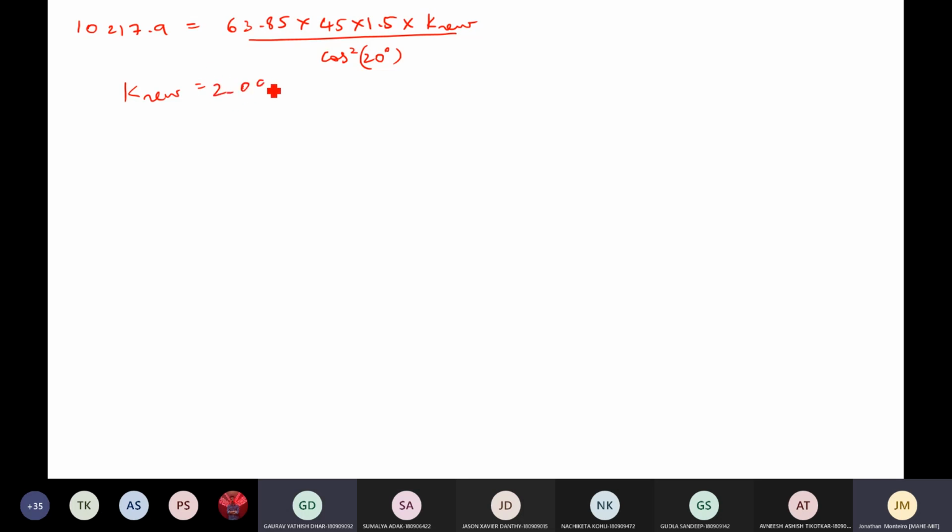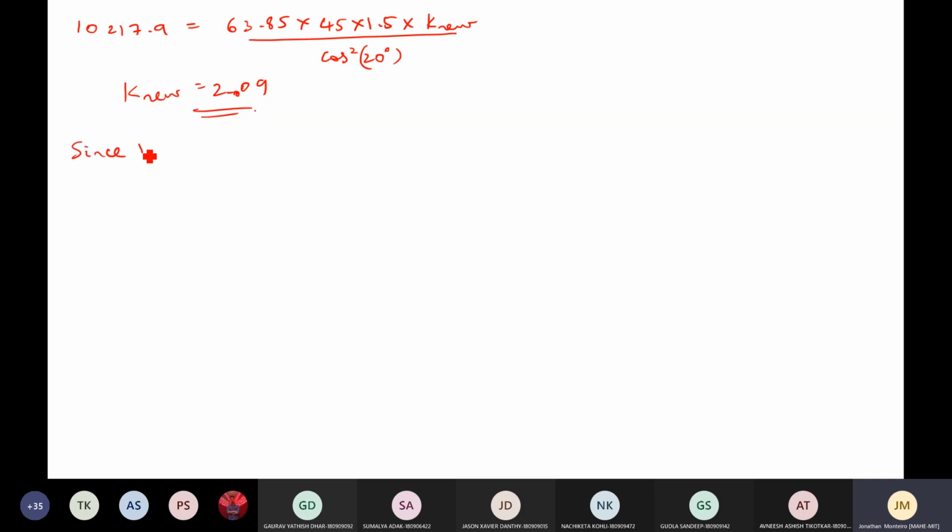So let me write the equation here. 10,217.9 I am getting is equal to 63.85 into 45 into 1.5 into K new by cos square 20 degrees. So K new value will be 2.09. Yes, K new value is 2.09.